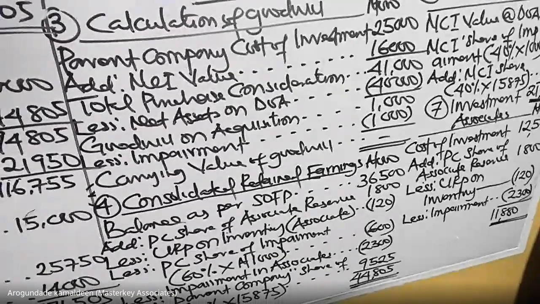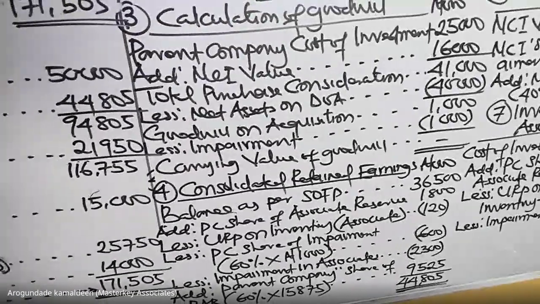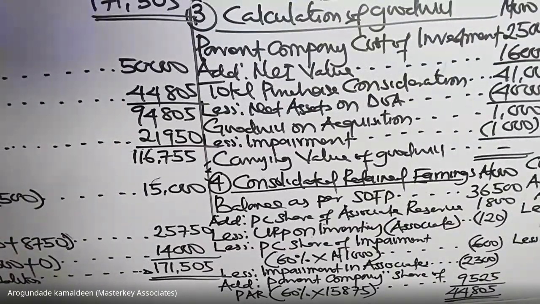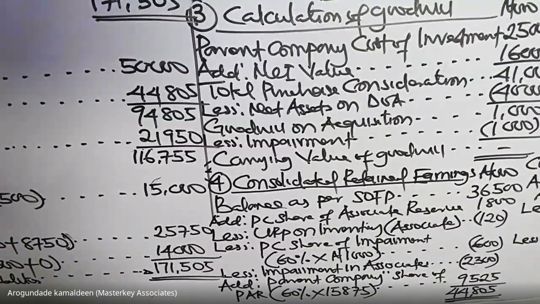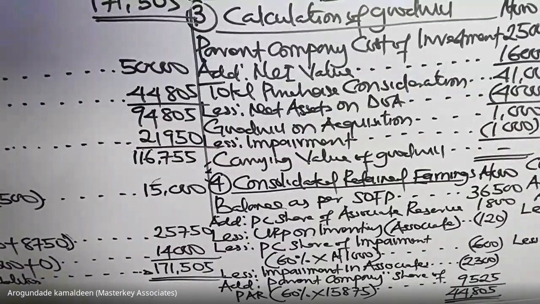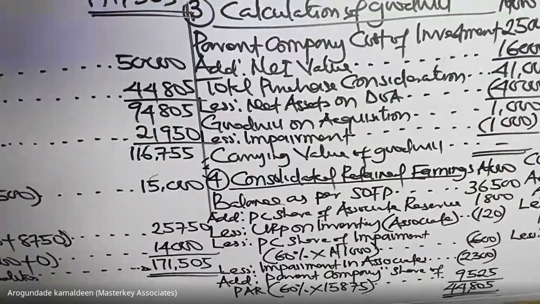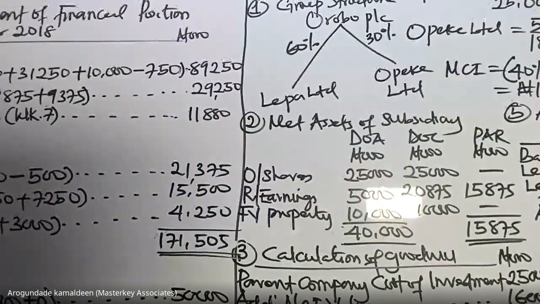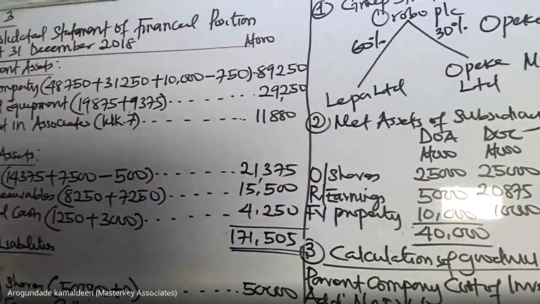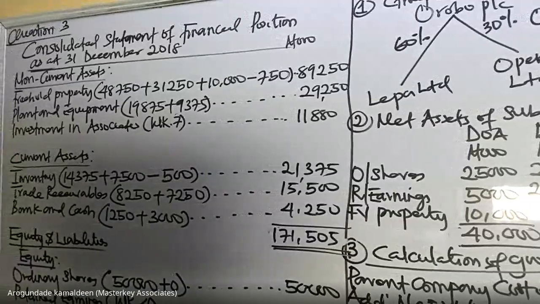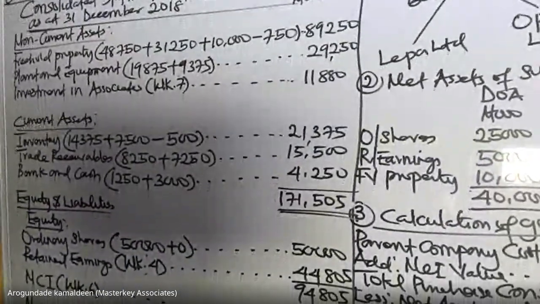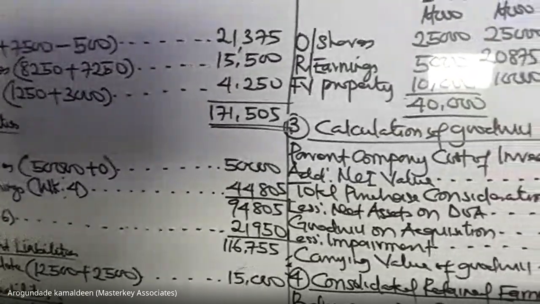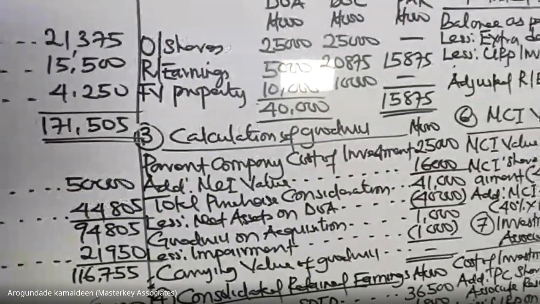If I'm going to show you anything else, that would be the treatment of other purchase consideration. So, class, our next class, by God's grace, shall be the preparation of consolidated statement of profit or loss and other comprehensive income between the parent and subsidiary.